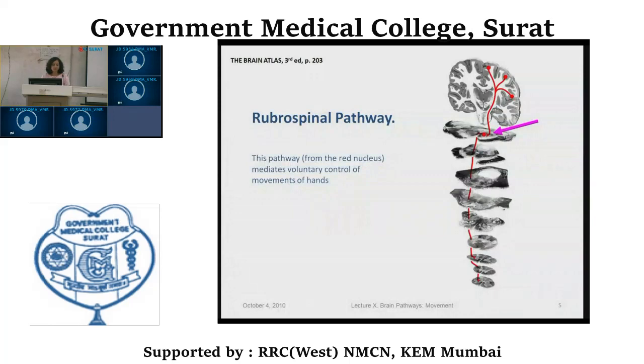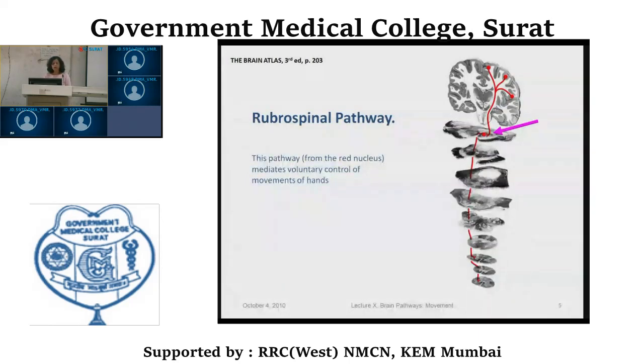These rubrospinal pathway fibers work along with the lateral corticospinal pathway and control the finer movements of our hand, which are required for writing, painting, and playing any musical instrument. So the movements of the muscles of your hand are controlled by the lateral corticospinal tract and the rubrospinal pathway.